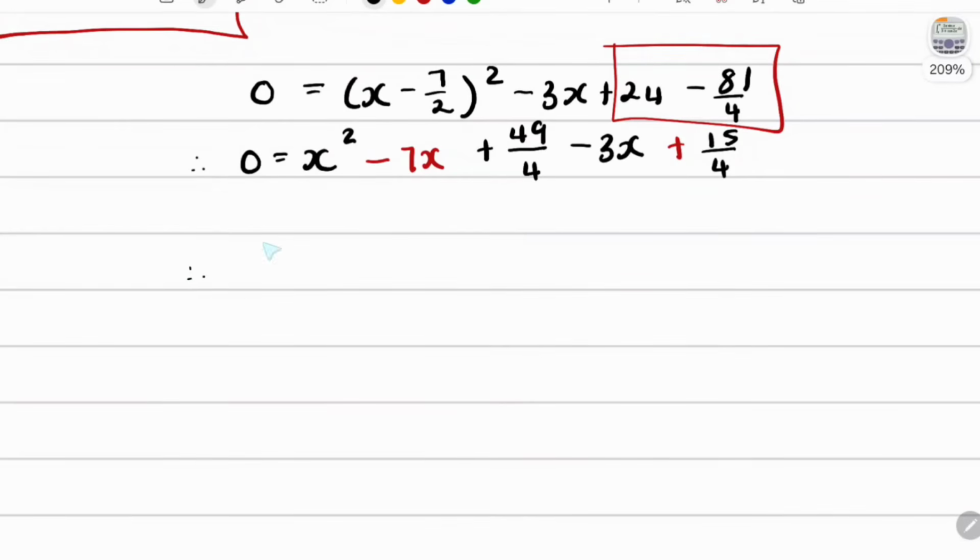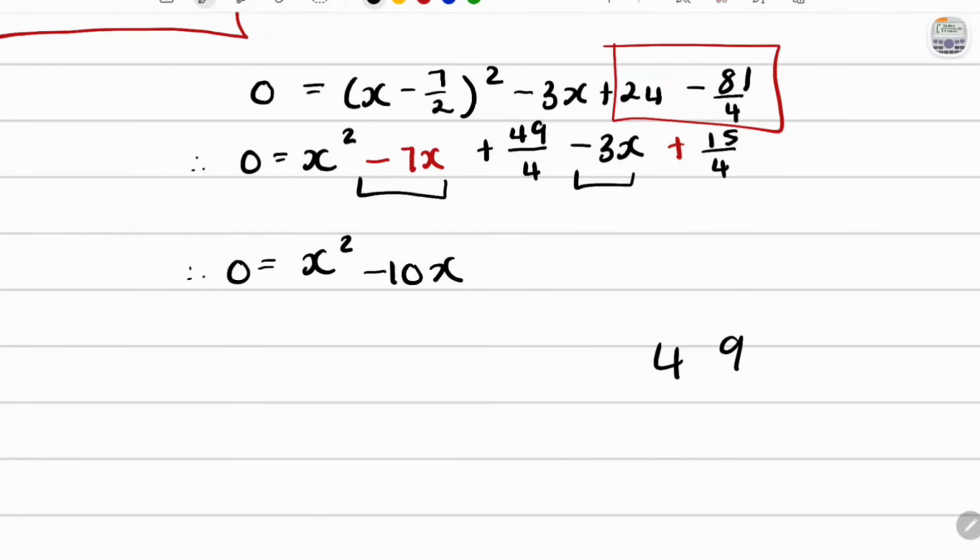And just simplify. You see that you have x and x that can go together here. So that 0 is equal to x squared. What is negative 7x minus 3x? That will be negative 10x. And then we have 49 plus 15. If you have 49 and 15, you can go ahead and add that together. So that's just going to be your 14 and then 64.